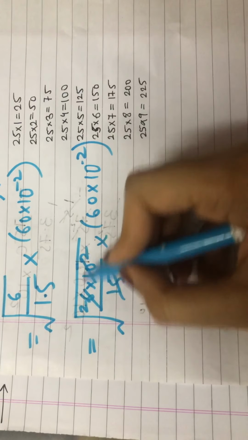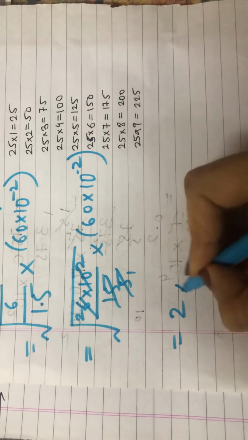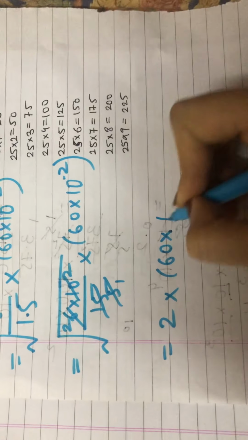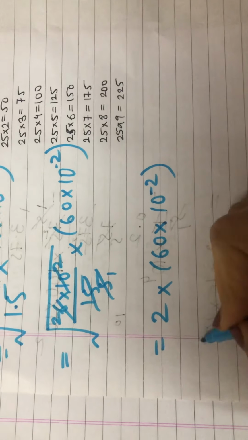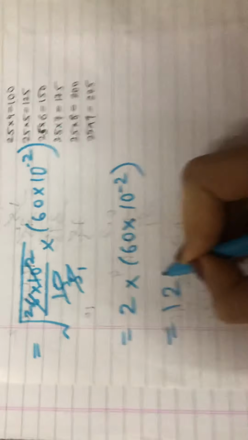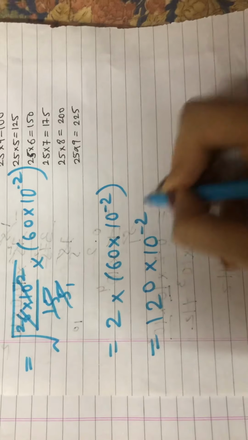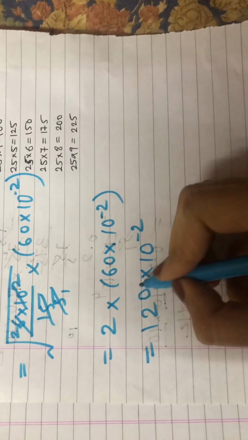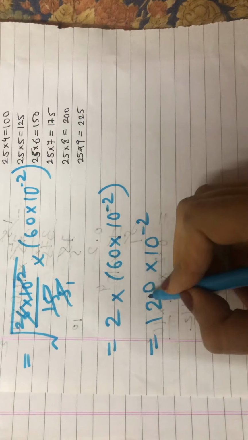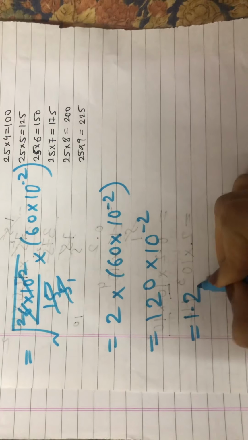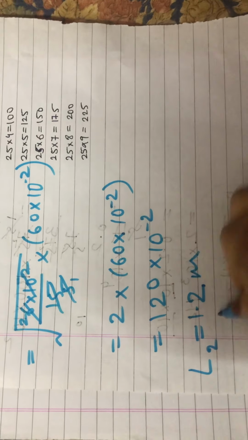In the square root there are 2 twos, so one 2 comes out. Now we got the answer as 2 6s are 12, then 0, so it is 120 into 10 raised to minus 2. We'll shift the point by 2 digits, so it is 1.2. Length of L2 is 1.2 meter.